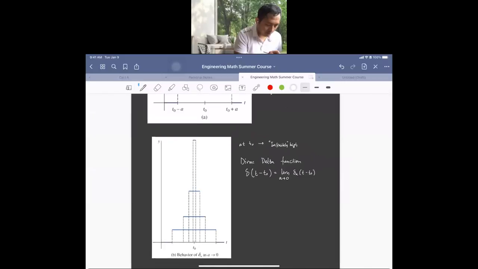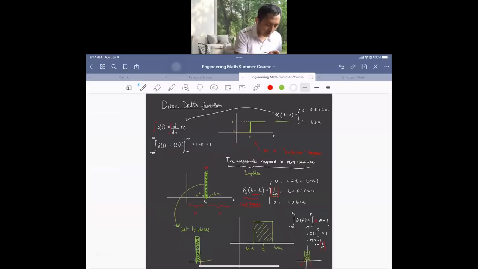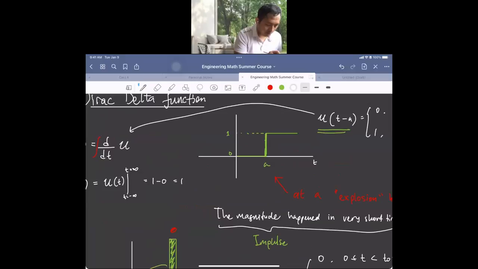large, which is actually the same idea as when we defined what happened in the Heaviside function, right? At one moment, the change from 0 to 1 happens instantaneously.